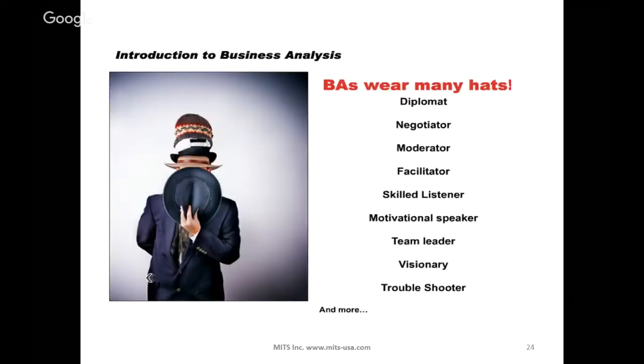All right, so this BA is wearing many hats here. This is a really key aspect now. All right, so diplomat. Diplomat means you're representing a business. If you think of a diplomat to another country, you're representing your business group, so represent it well.